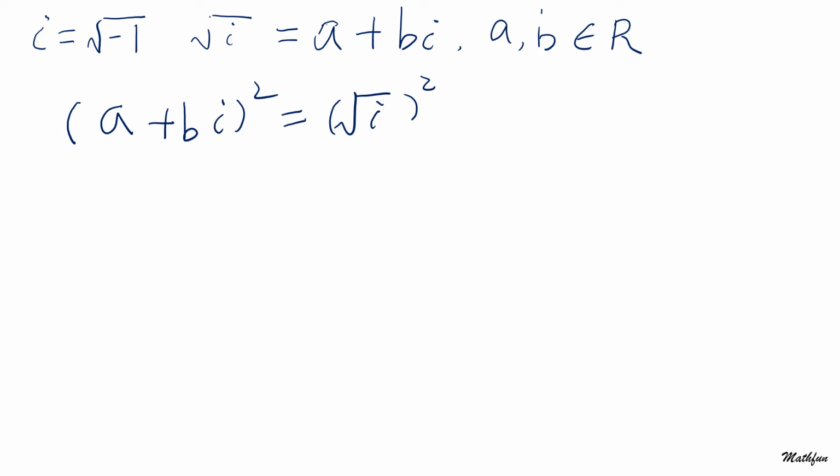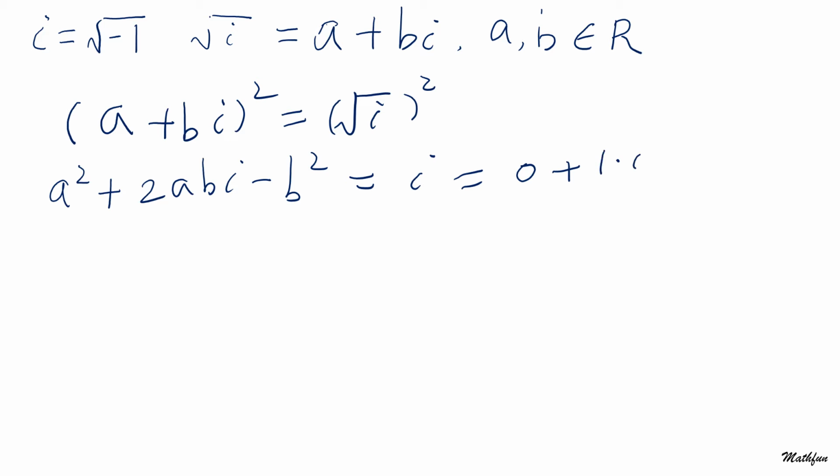So that means a squared plus 2abi minus b squared. Remember, it's b squared, but i squared equals -1. So that equals i.